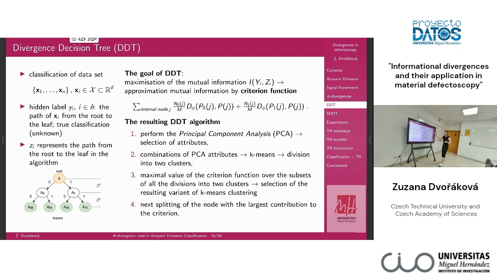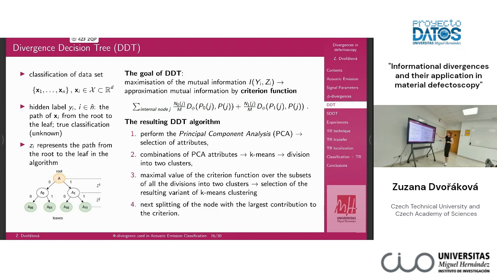The goal of this divergence decision tree is to maximize the mutual information between zeta C and the unknown hidden labels. It's done through the criterion function, which has this form. And again, we apply our phi divergence here.